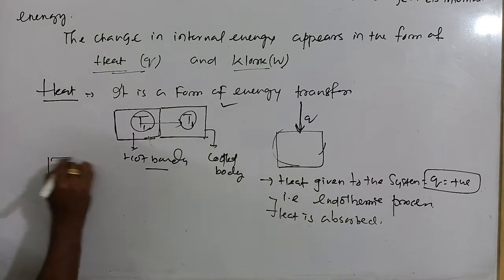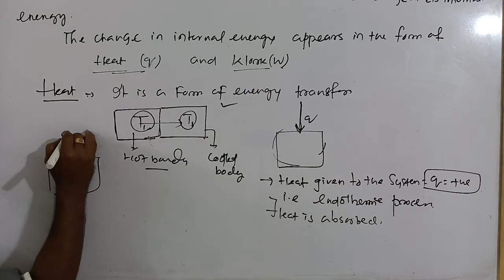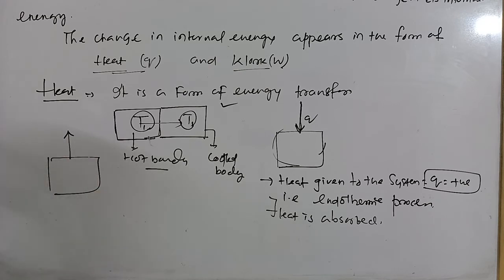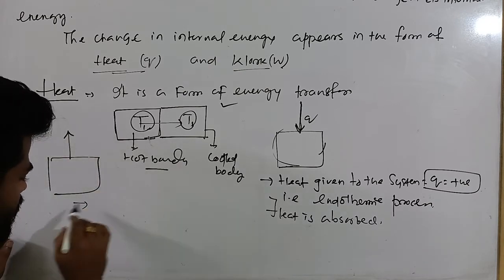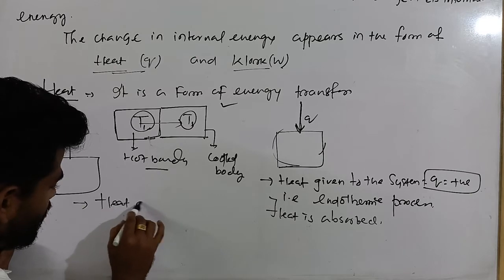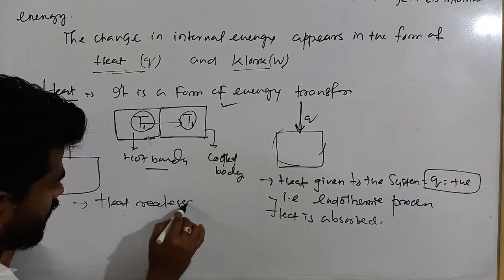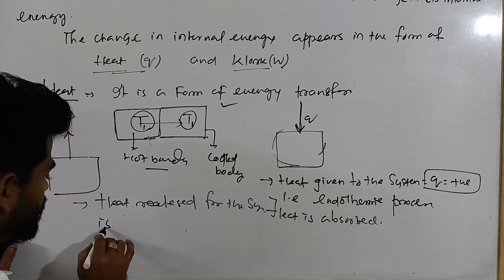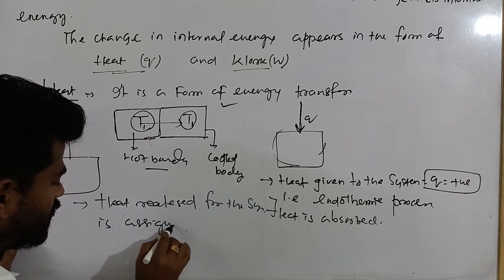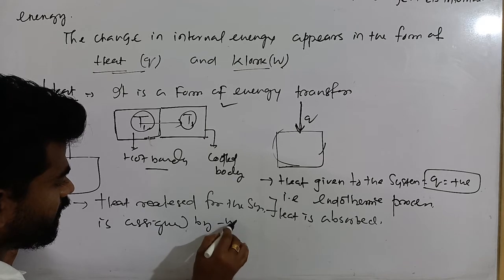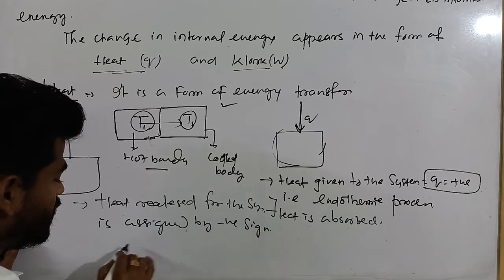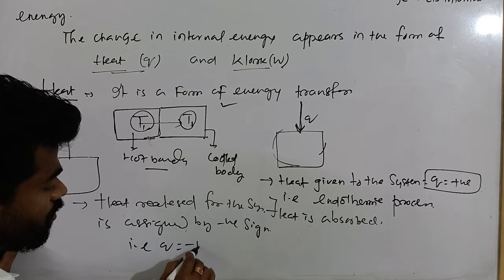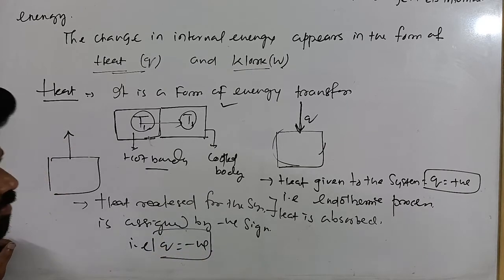Next case, that is opposite. Suppose this one is a system, and if the system releases some heat to the surrounding, heat released from the system is assigned a negative sign, that is Q is negative.